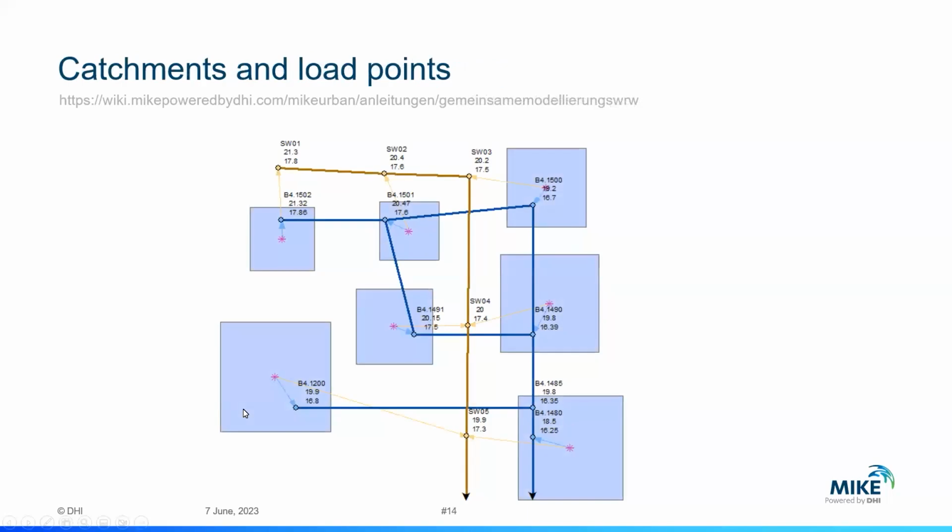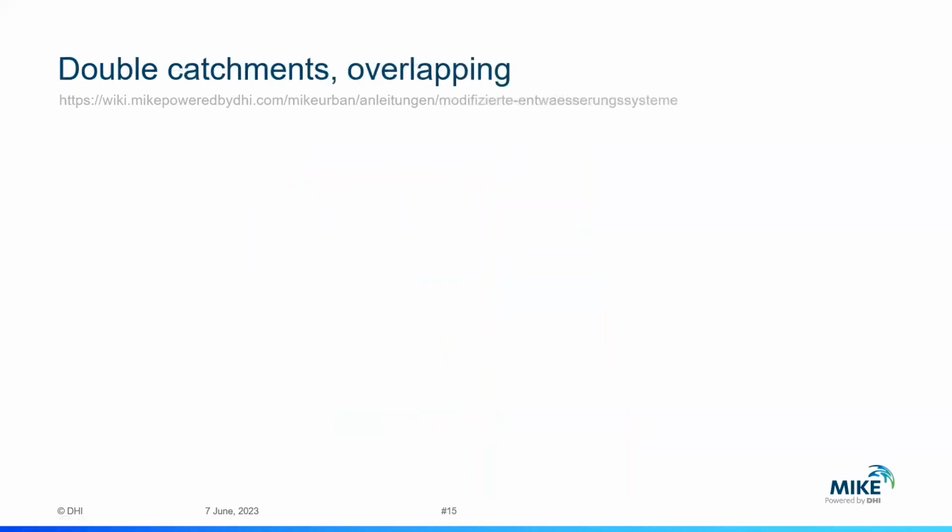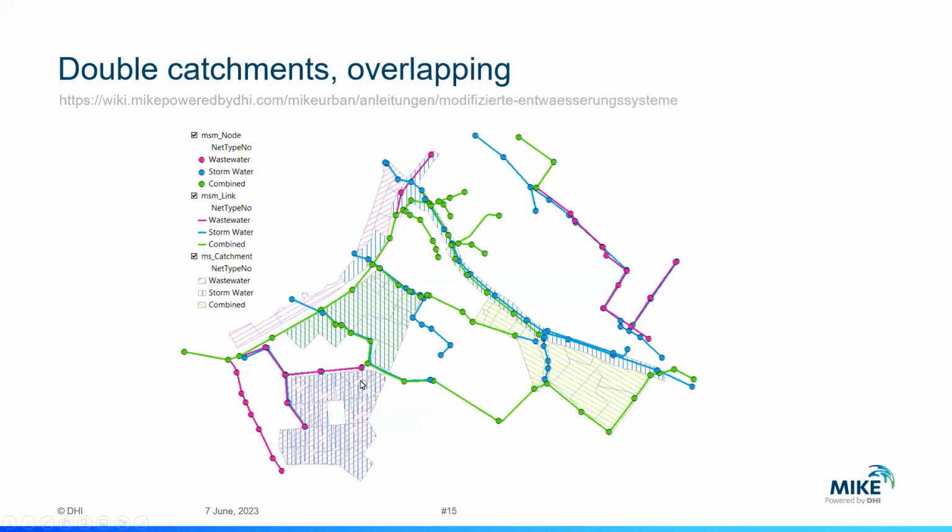You can't model a hybrid system here because the load points don't accept stormwater, not a drop. So if you wanted to model a hybrid system, you need double catchments. So we have here catchments.